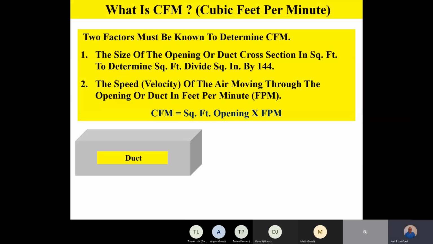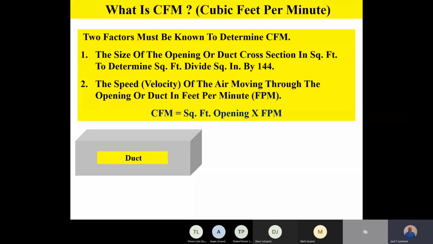Once I have my average velocity across that grill or register, I then multiply it times the free opening, in our example 5 square feet, and that gives us a CFM of 1625. So let's say I've got a 4-ton unit here in Alabama.